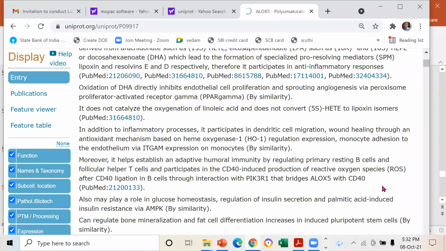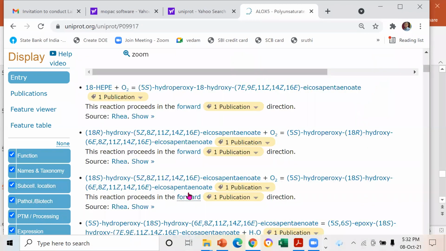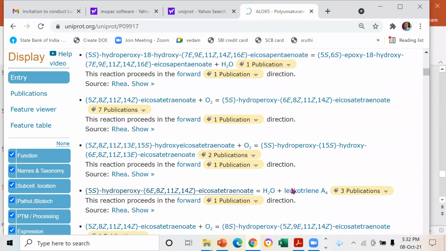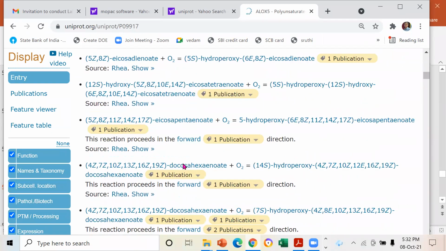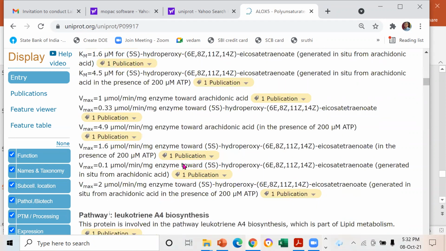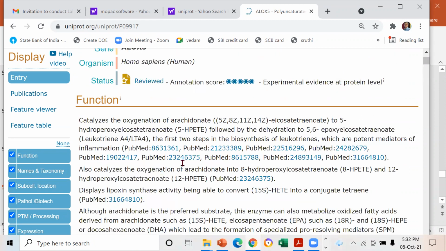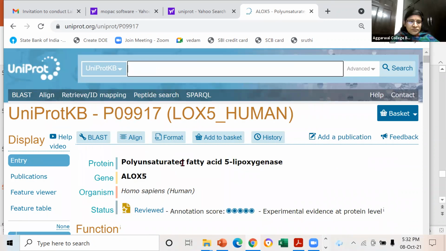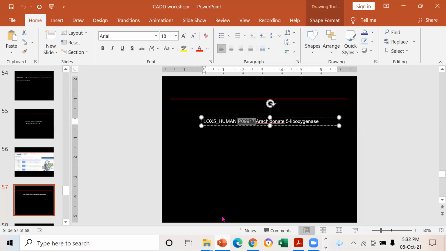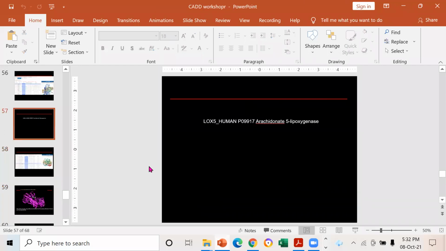How it works is also given, and a lot of information about the references. So many things are given. This UniProt is a very useful database with a huge number of proteins.